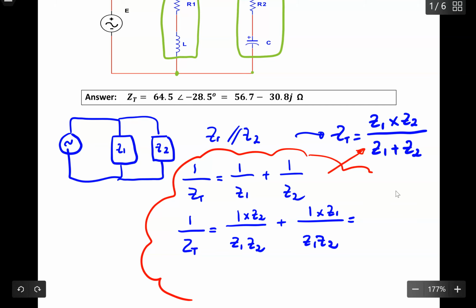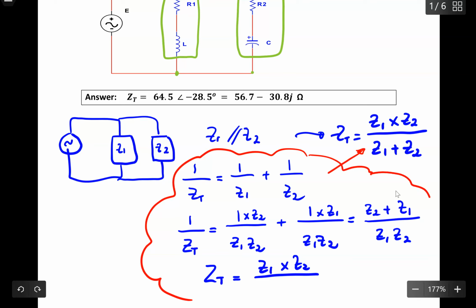So I will have Z2 plus Z1, the whole thing divided by Z1 times Z2 as a common denominator. To solve for Z total, I have to flip this fraction over as well. Now I have a product over the sum. It doesn't matter if I write Z2 plus Z1 or Z1 plus Z2, it's the same thing according to the commutative rule in algebra.